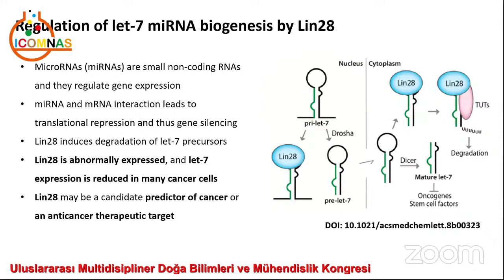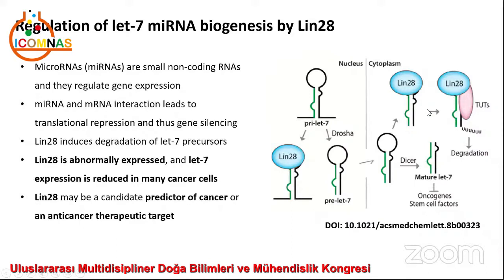So we see a gene silencing through this microRNA let-7, which is therefore found to be quite important in the development of many cancer cells. What happens is that when Lin28 is bound to either the primary let-7 or the pre-let-7, we are basically blocking this process where we have the mature let-7 at the end.